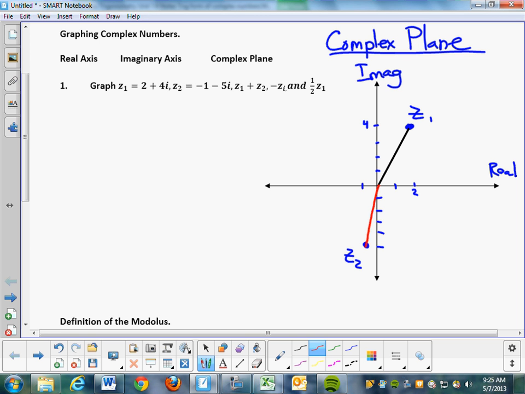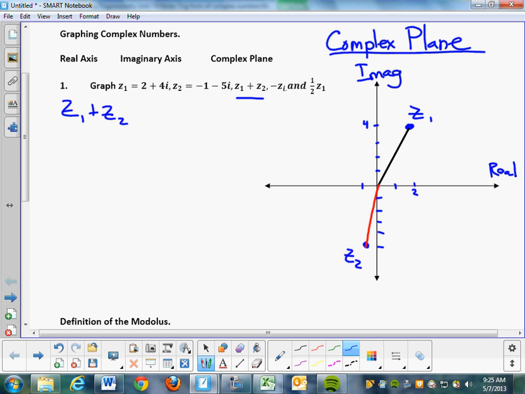Wow. All right. Everybody got that? Okay, then let's just do another basic piece. You're going to be asked to do addition, subtraction, multiplication, division, and in particular, in this case, you have z sub 1 plus z sub 2. So I want to graph z1 plus z2. In order to graph that, let's just combine our real terms and our imaginary terms.